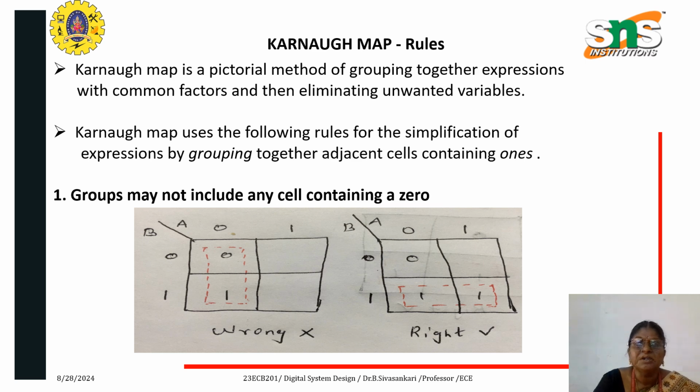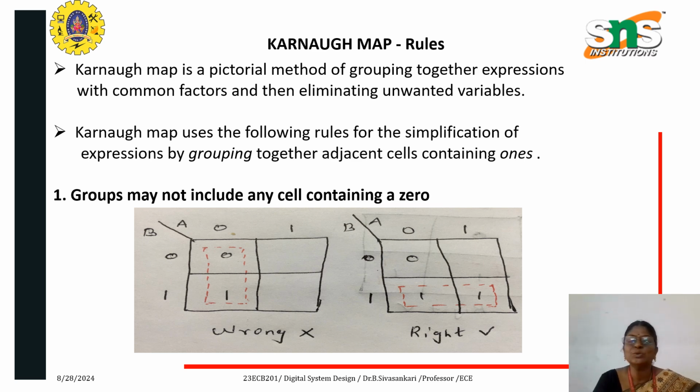Okay. So first, let us discuss the rules of Karnaugh map. Karnaugh map is a pictorial method of grouping together expressions with common factors and then eliminating unwanted variables. Karnaugh map uses the following rules for the simplification of expressions by grouping together adjacent cells containing ones.